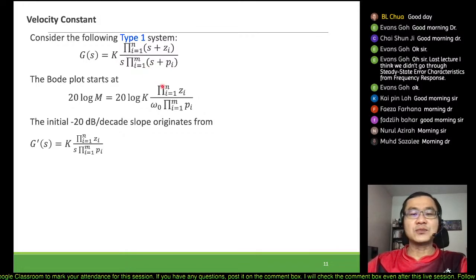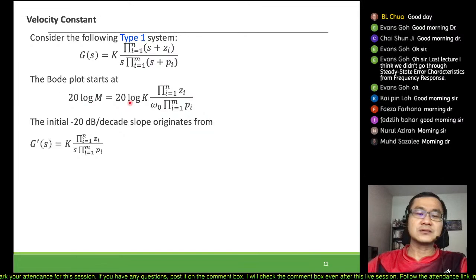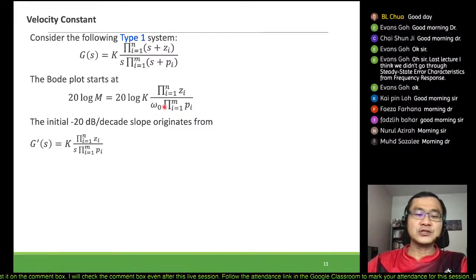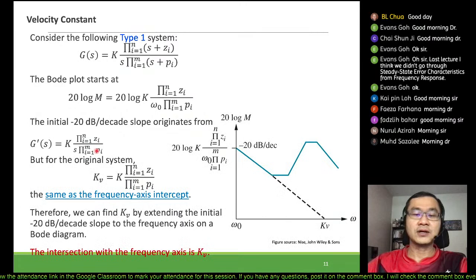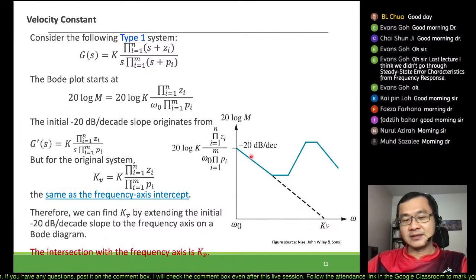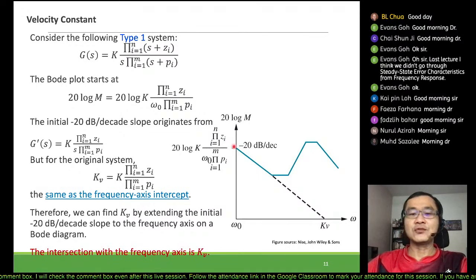And again, when we plot it out, the same function now, but because of this, you would see that the initial slope will originate from this particular point. If you are looking for kp, it will be the starting point.